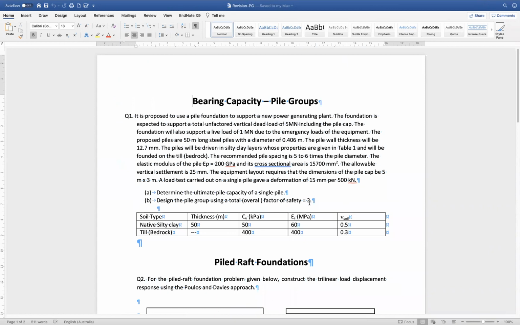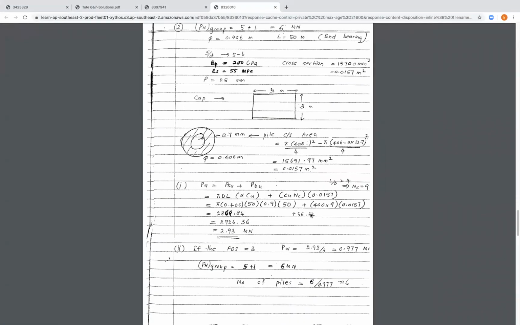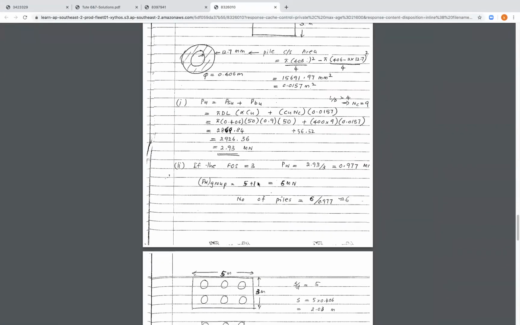The layout of the piles means the center to center spacings and the distribution of the piles within the 5 meter by 3 meter pile cap. To do so, we need firstly to find the approximate number of piles.